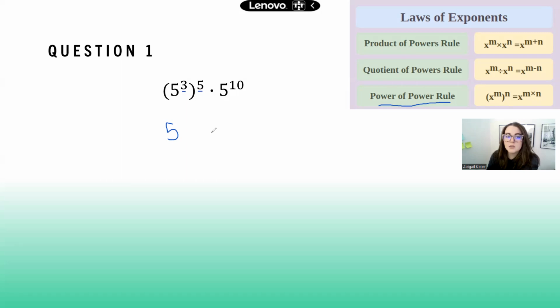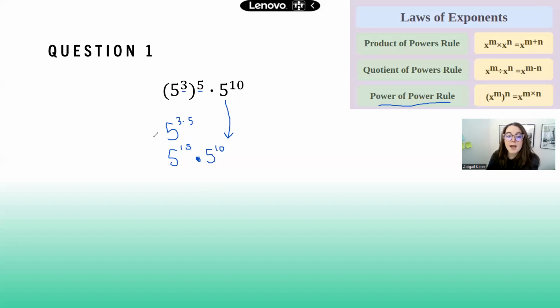I have 3 to the power of 5. Because I have an exponent raised to another exponent, I can rewrite this as 3 times 5, or 5 to the power of 15. Now I've simplified this section, and I'm going to bring down what is remaining of my expression. What I have left is 5 to the power of 10.